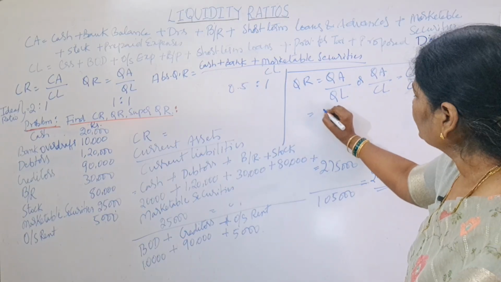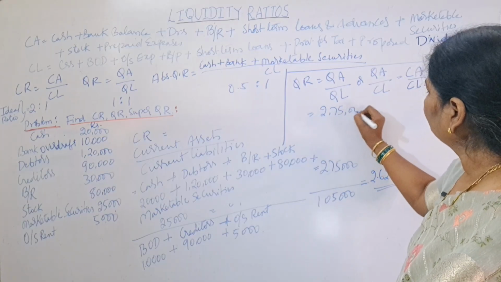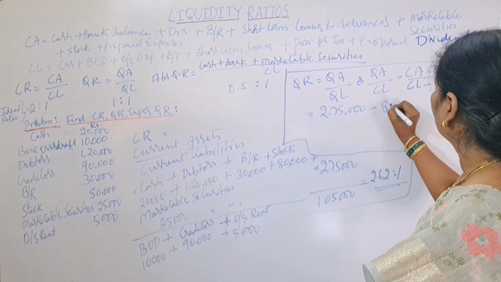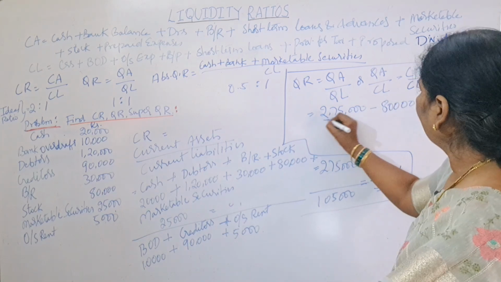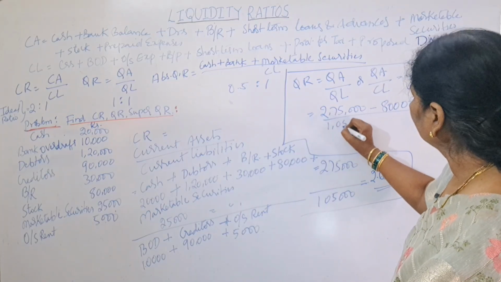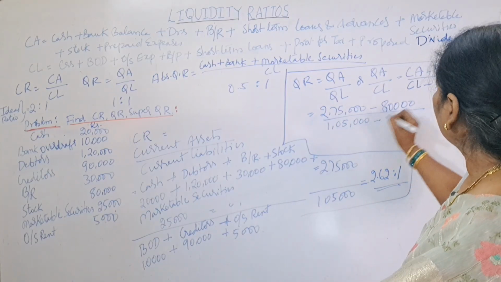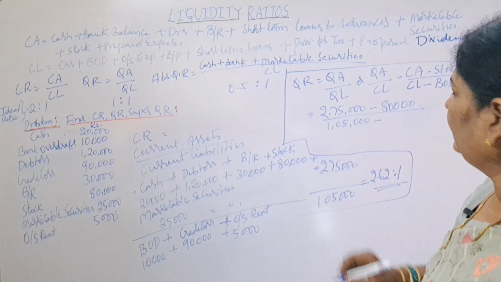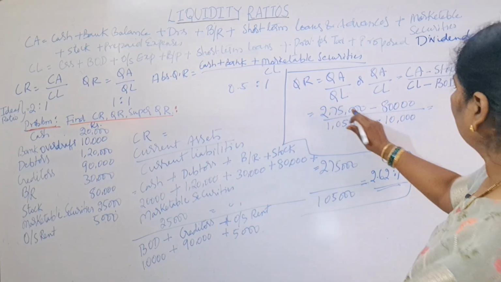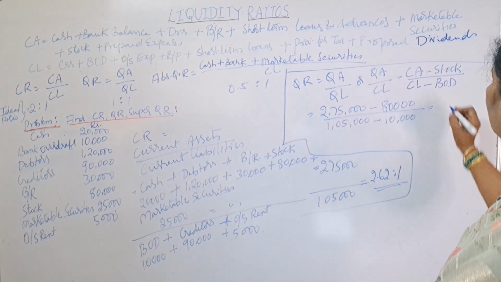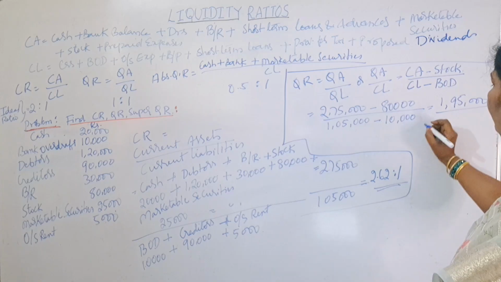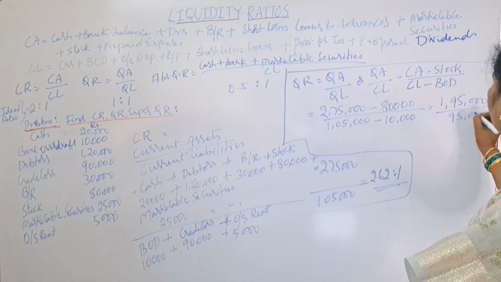Current assets total is 2 lakh 75,000 minus what is our stock amount? Stock amount is 80,000. Divided by current liabilities total 1 lakh 5,000 minus what is our bank overdraft amount? 10,000. So it is 2 lakh 75,000 minus 80,000, which is 1 lakh 95,000, divided by 95,000.